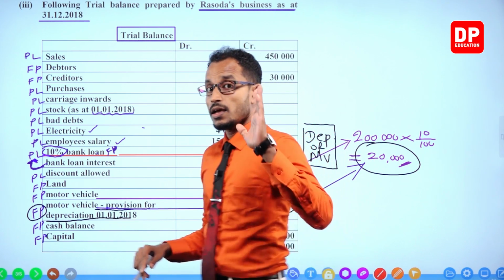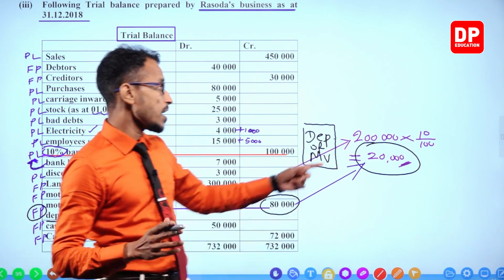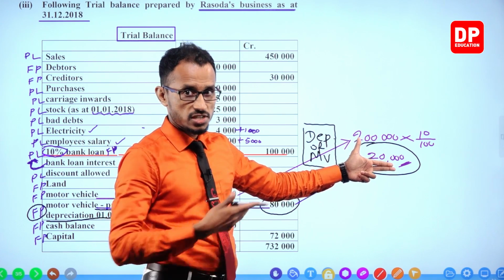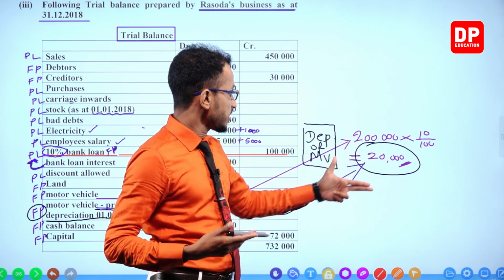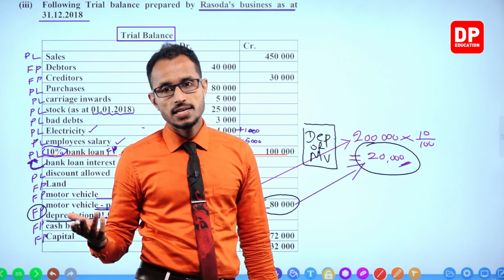So, in the SOFP, statement of financial position, not only the depreciation for this year, 20,000, which we calculated just now, this 80,000 also should be mentioned.